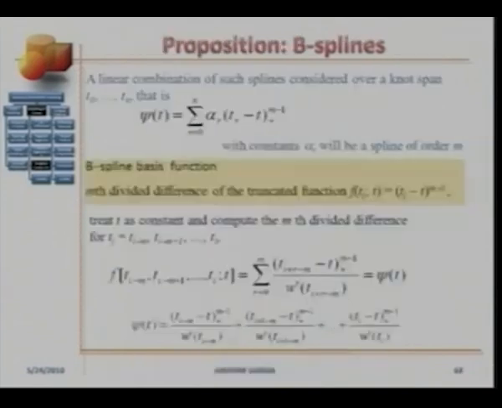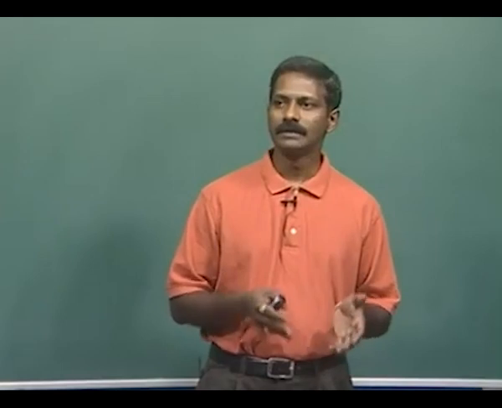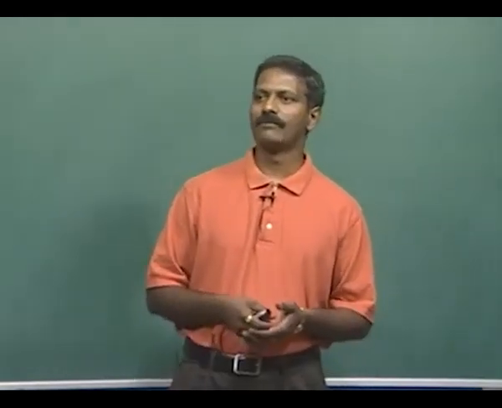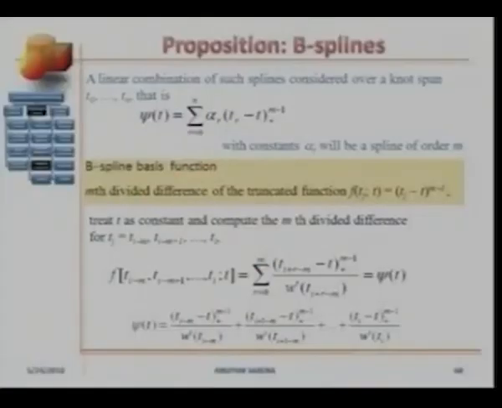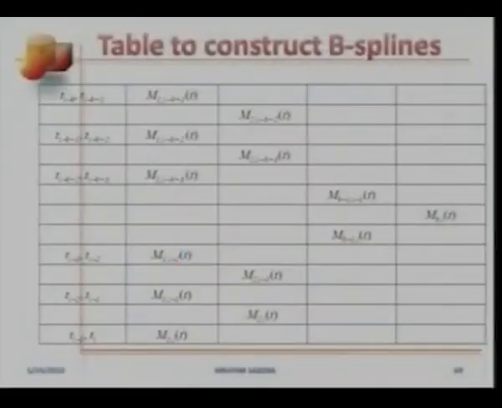We established that a linear combination of these truncated power functions was a spline, and that the mth divided difference of the truncated function was a B-spline basis function. We had a nice tabular form to construct B-spline basis functions. This was very similar to de Casteljau's geometric approach when dealing with Bezier segments.